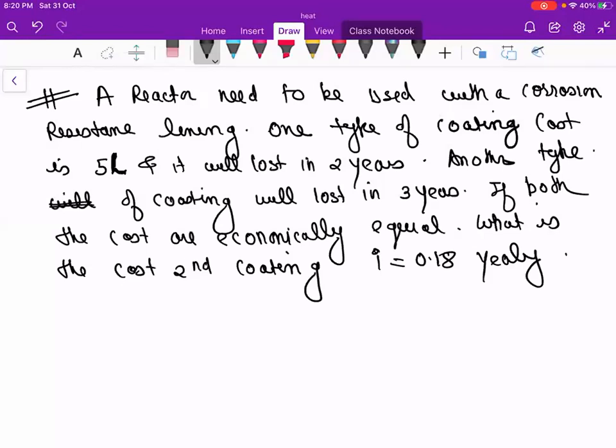Yes, 6.94 lakh is the correct answer. I'm giving 2 minutes. Solve the question. At least attempt. Everyone should attempt the question.